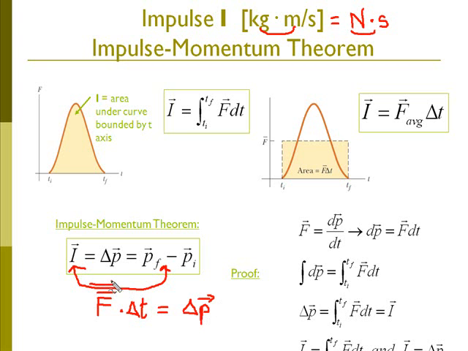Impulse and momentum are both vectors, just as velocity, as a vector, can change either in direction or in magnitude, here momentum can change in either magnitude or direction. So whereas in the work kinetic energy theorem we didn't have to consider the directional form since we were dealing with scalars, in this case we do.